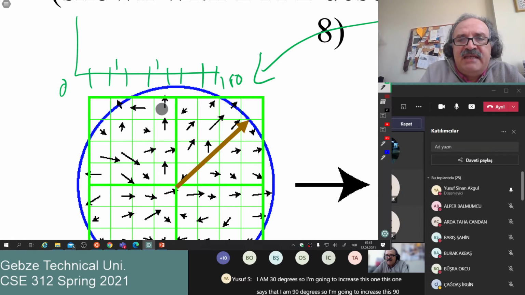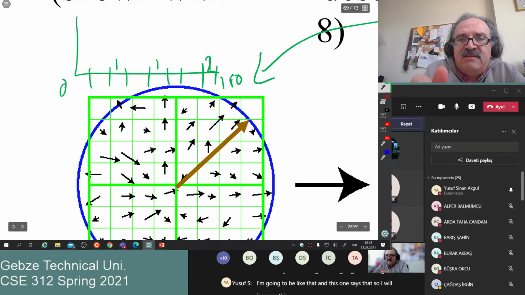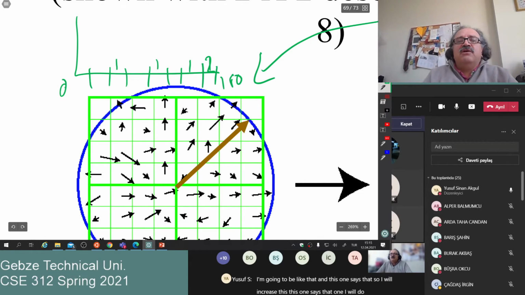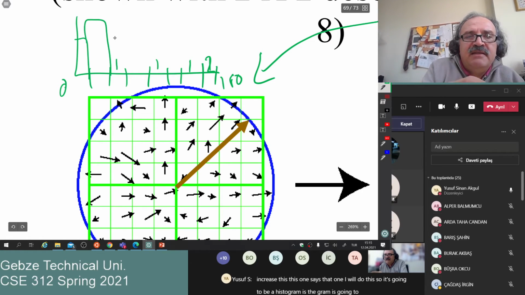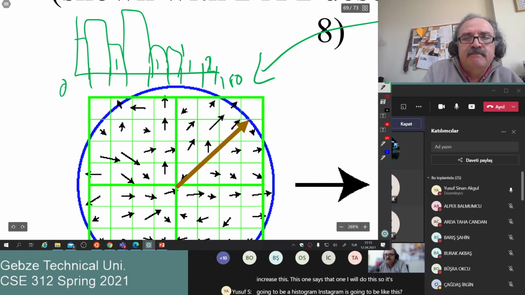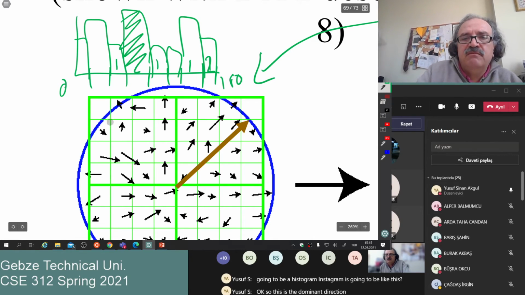This one says 100, again, so I increase that. So it's going to be a histogram like this.